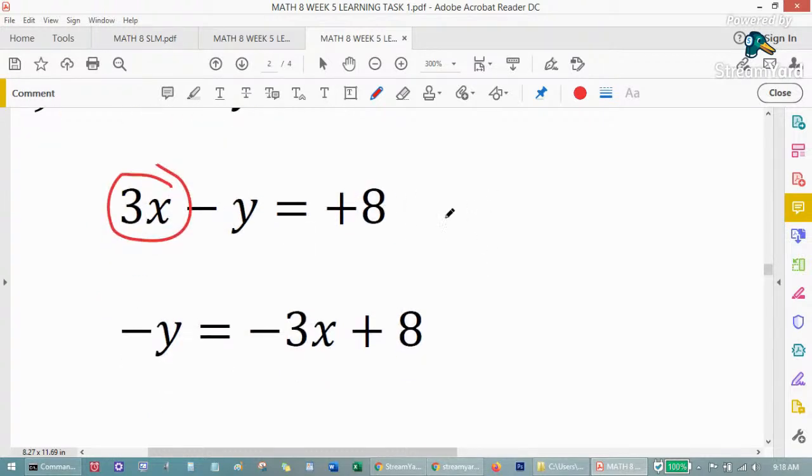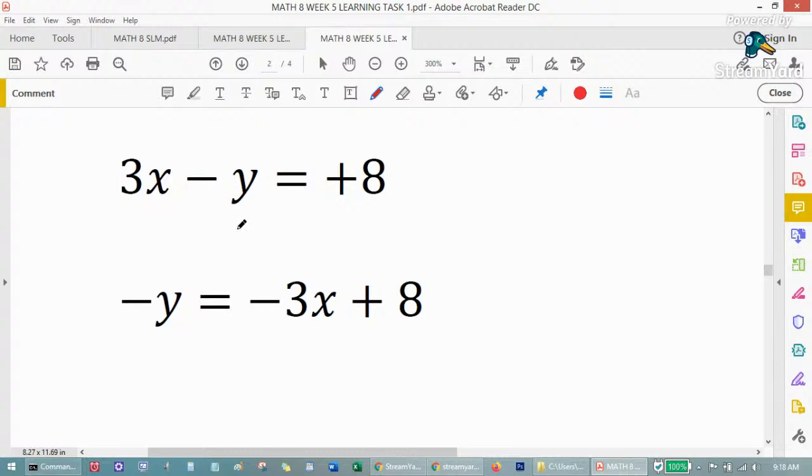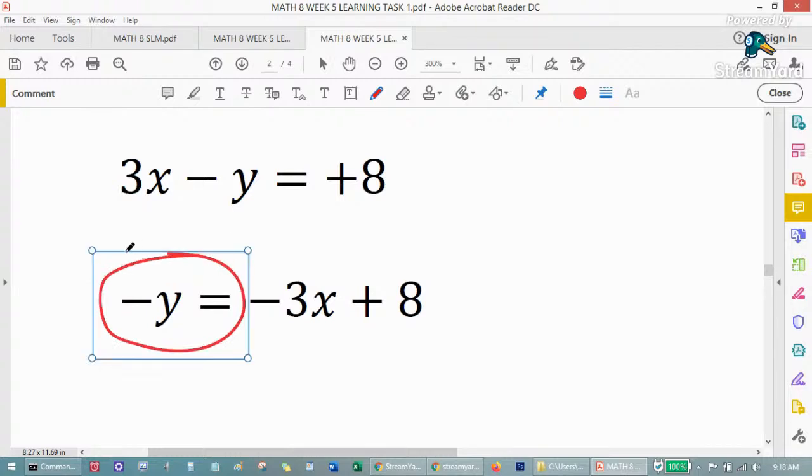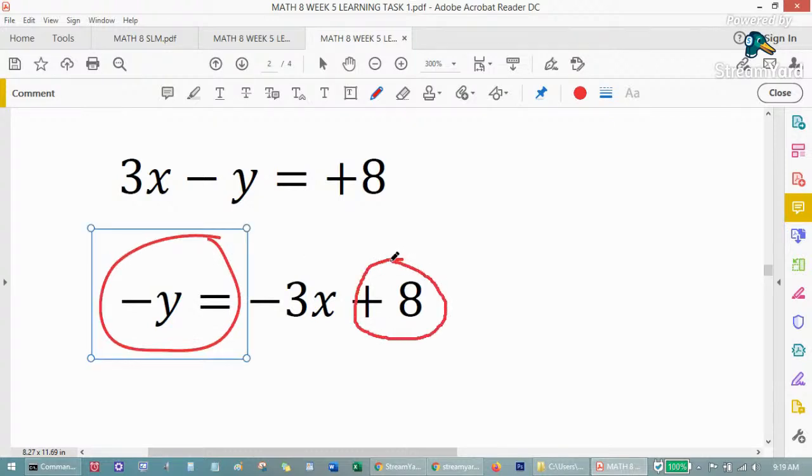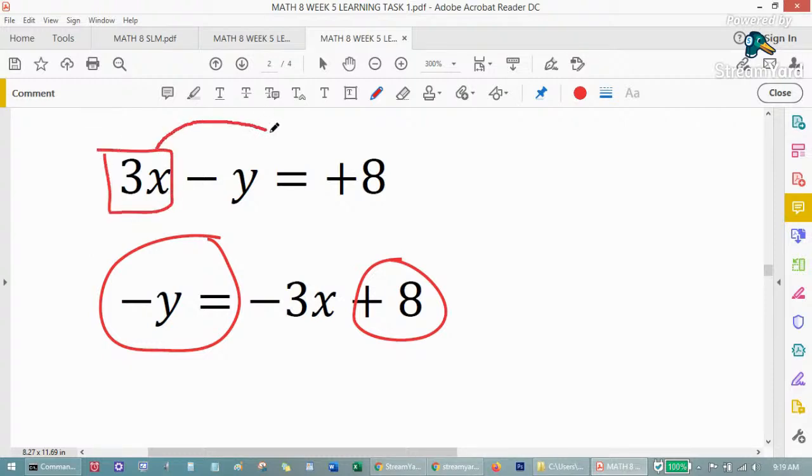So, usod si 8, mangyayari is negative y is equal to positive 8. And then, itong positive 3x, ilipat sa kabila, ay naging negative 3x.